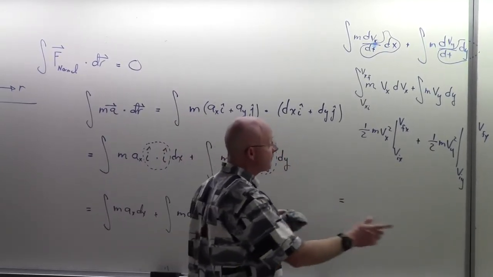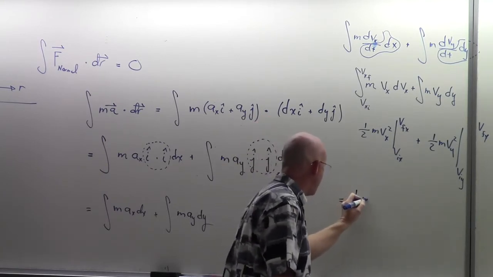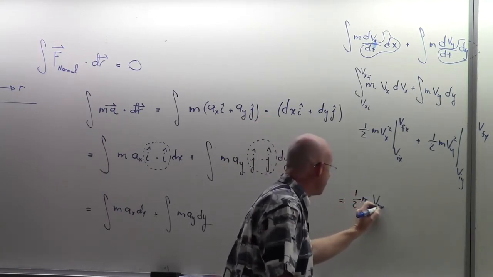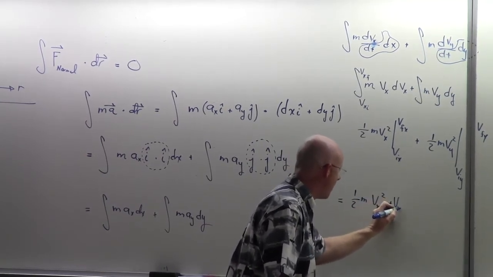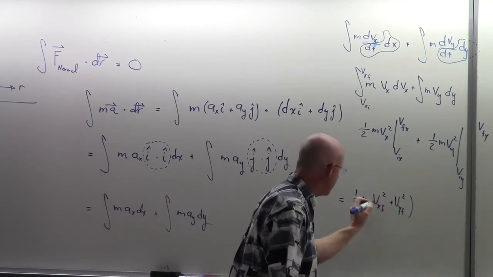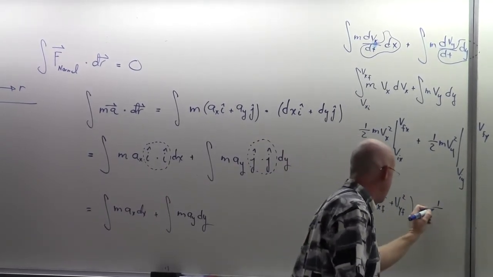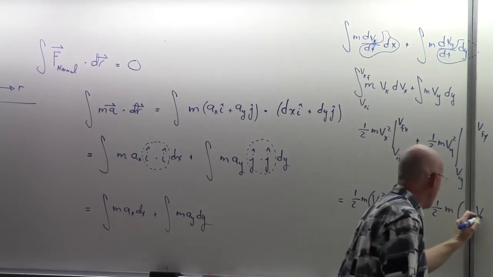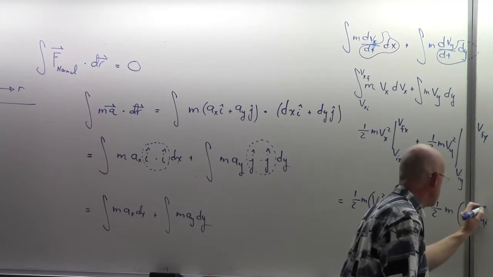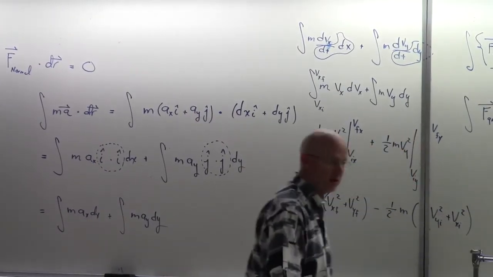And although I have two terms, wouldn't that mean I have a 1/2 m times vx final squared plus vy final squared combined together, minus 1/2 m times vy initial squared and vx initial squared.